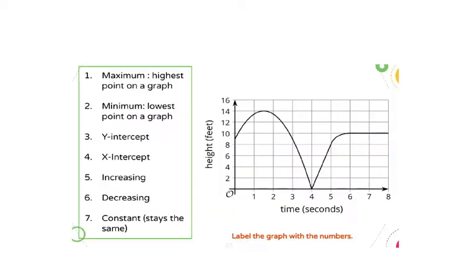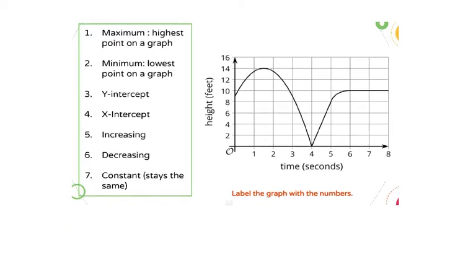Look at another one. So now, label. This was something that you were asked to do in class. So this was the activity where you needed to label each of these points using these numbers. So hopefully you did well, but let's give it a shot. So maximum point, I'm going to put a 1 right here.